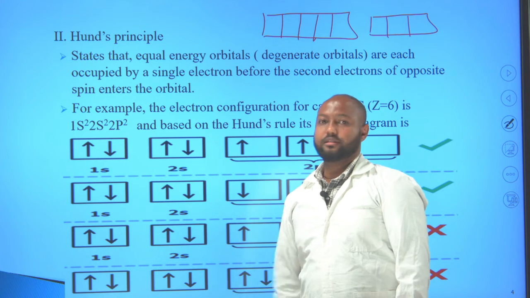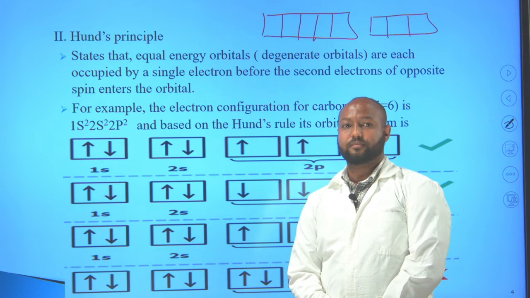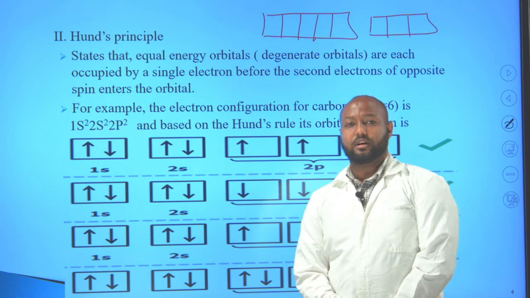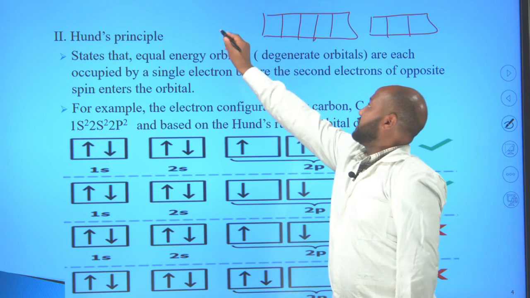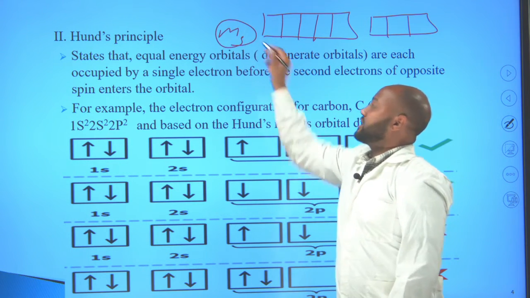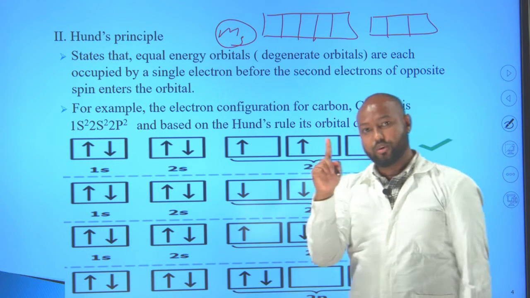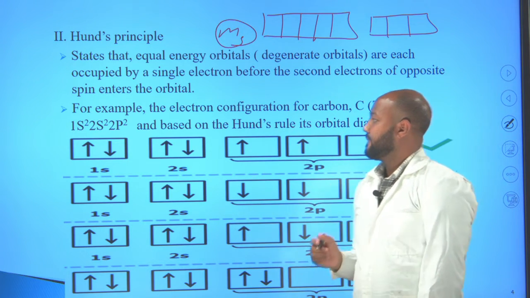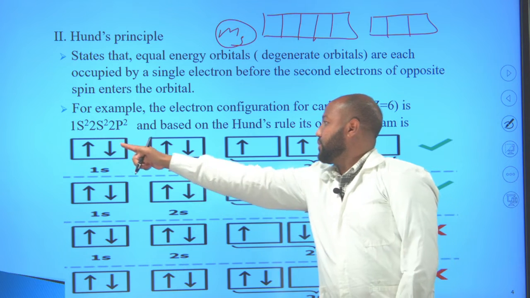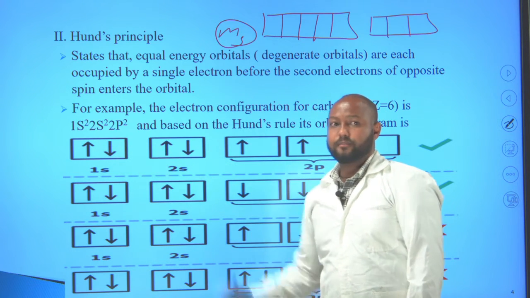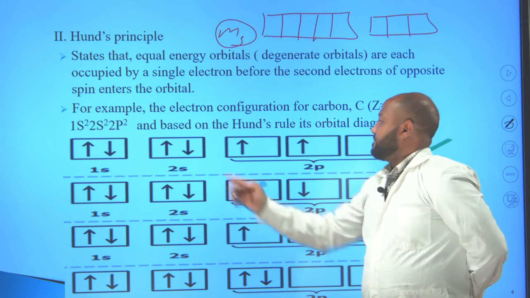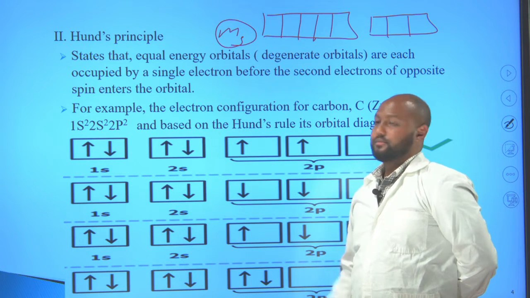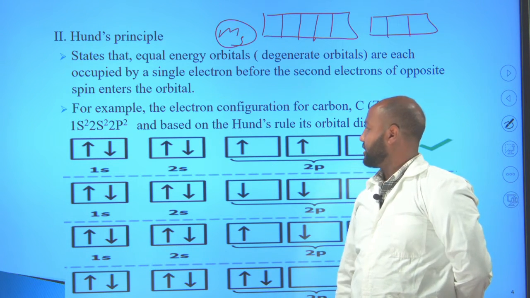The upward and downward arrows tell us, as you learned from the 4 quantum numbers, ms, the spin quantum number, which tells us the spinning of the electron, whether it's clockwise or anti-clockwise. So it should be put like upward and downward according to the Hund's principle. The second one is to fill 2 electrons upward and downward.